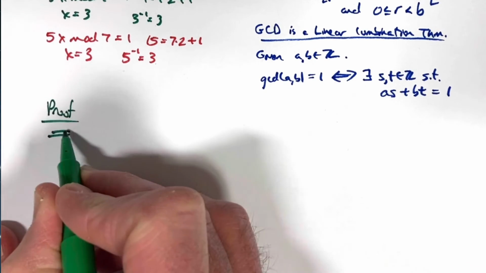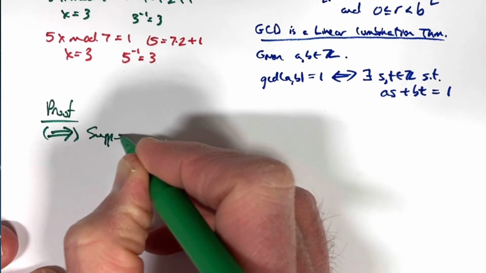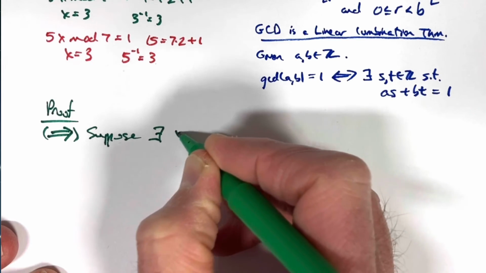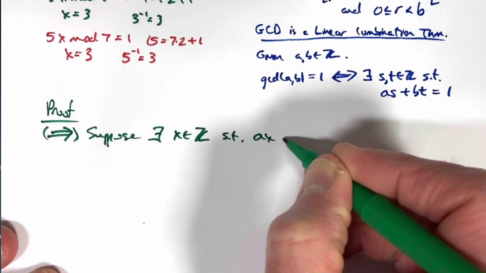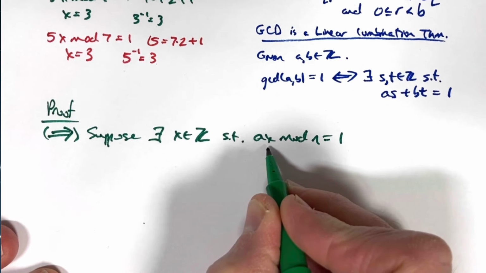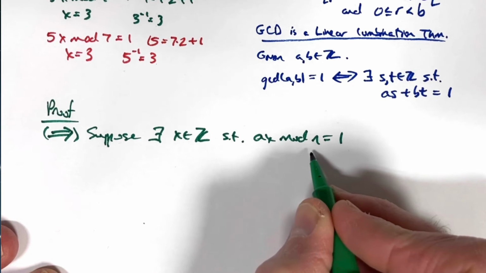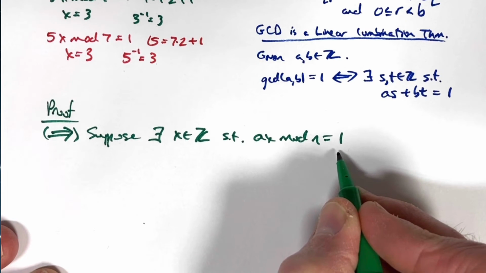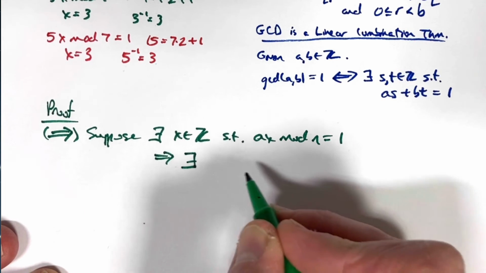Proof, the rightward direction. Suppose there exists an integer x such that ax mod n equals 1. There is some integer x where this is true. When I take a times x and divide by n, I get a remainder of 1. Well, what does that mean? Think about the division algorithm here.